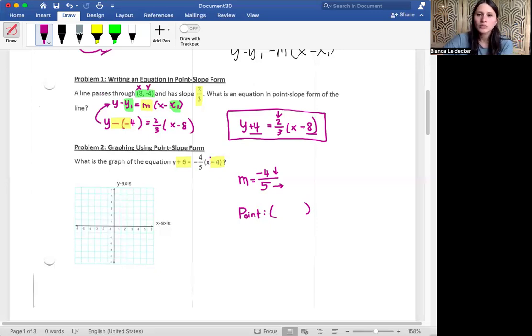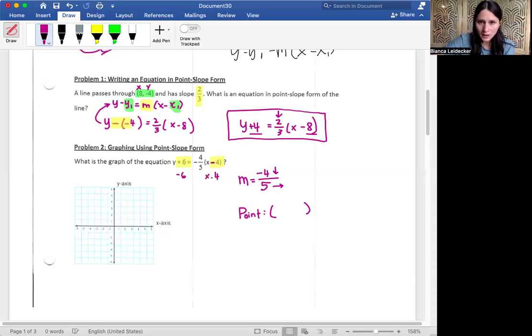Well, if the original equation was saying y minus y1, that means if I am not subtracting here, my y is actually -6. And if in my original equation it's x minus x1, this is subtraction, which matches the parent equation. This would now be +4.